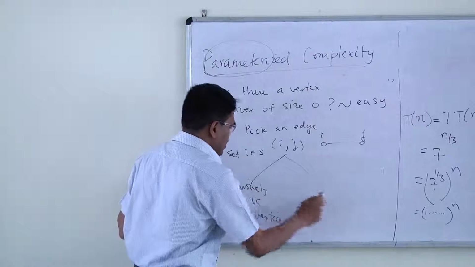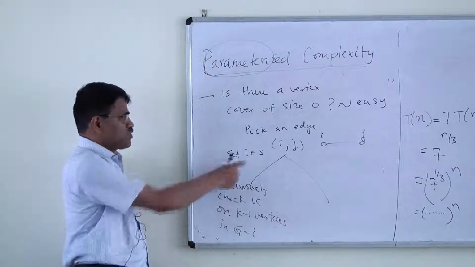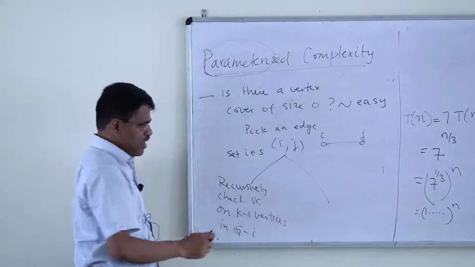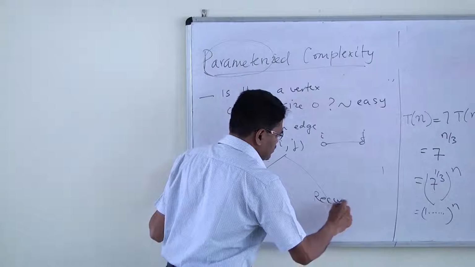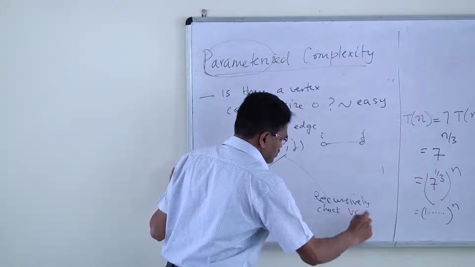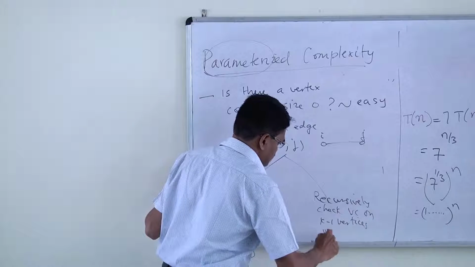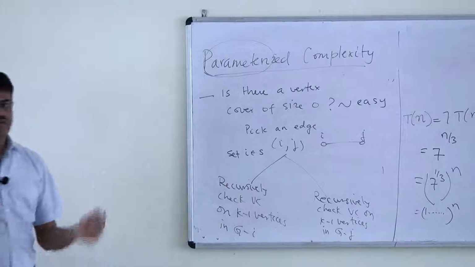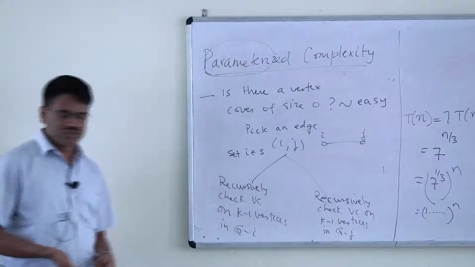If I succeed, then good: I pick that k minus 1 vertices plus i, which will cover all the edges, and I get a vertex cover of size k. In the other branch, I try with j. If both of them say no, then I know there is no vertex cover, because I tried with i, tried with j, and neither works, so I should say no.